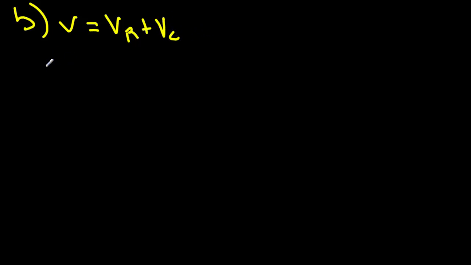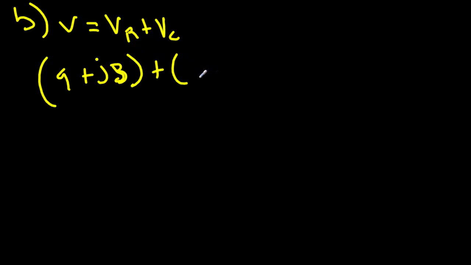We can then rewrite this as 9 plus 3j plus 1 minus j times 3.